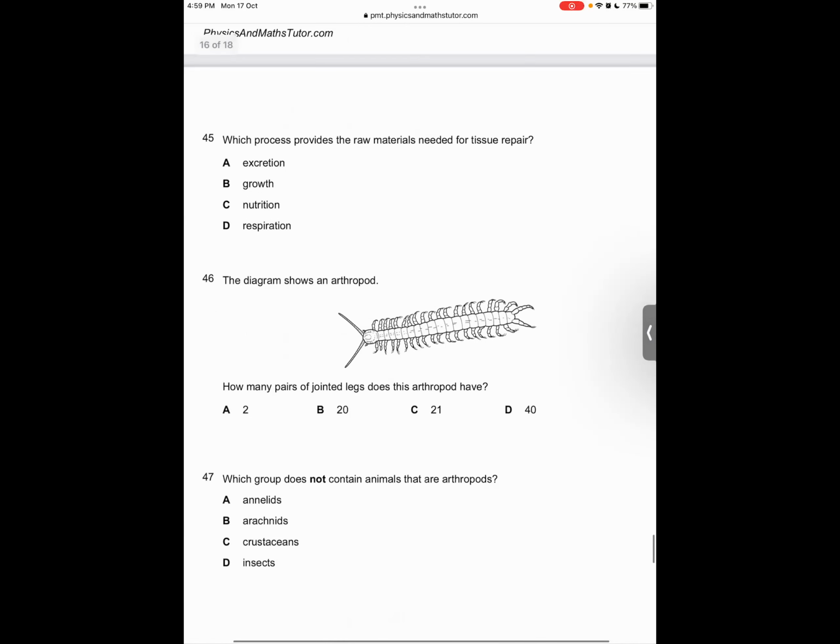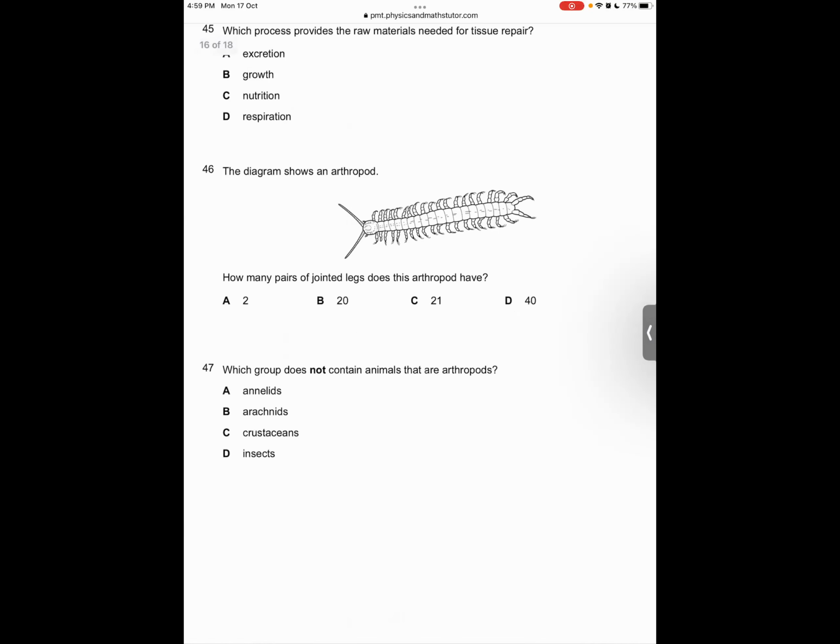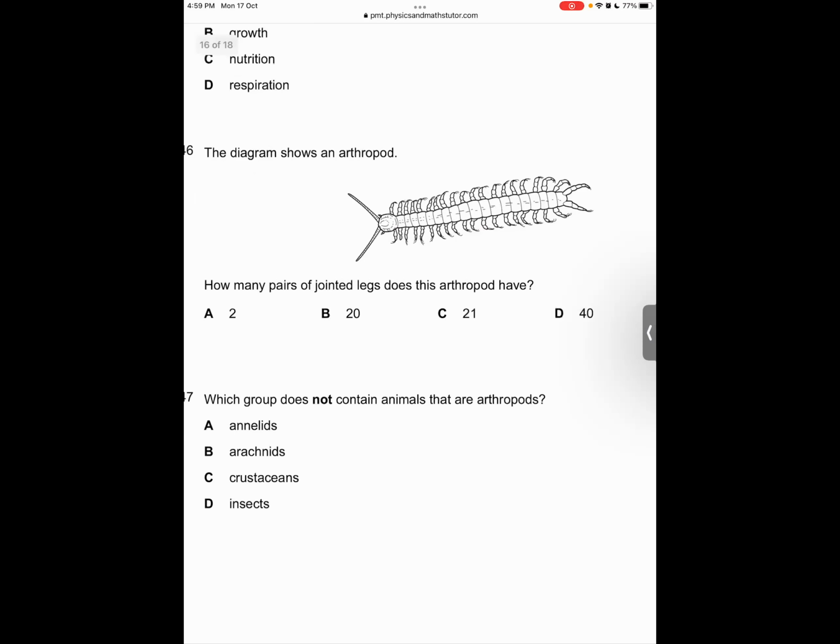We'll just do one more question and then we are done for today. The diagram shows an arthropod. How many pairs of jointed legs does this arthropod have? All right, then 1, 2... Miss, B. 20, correct.